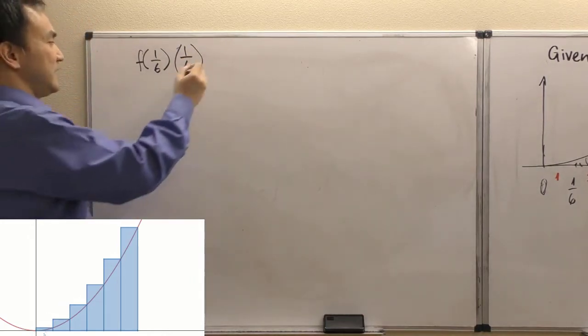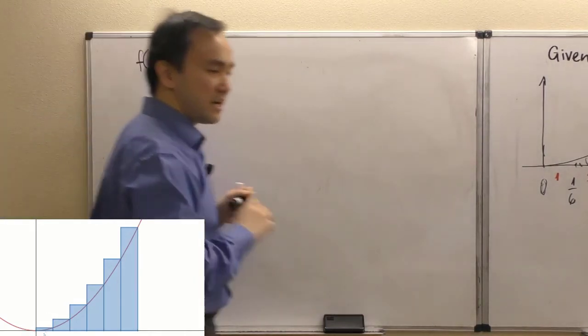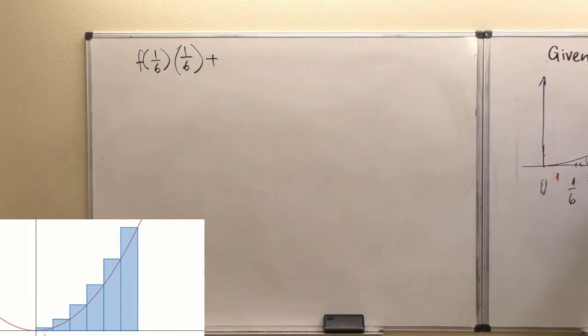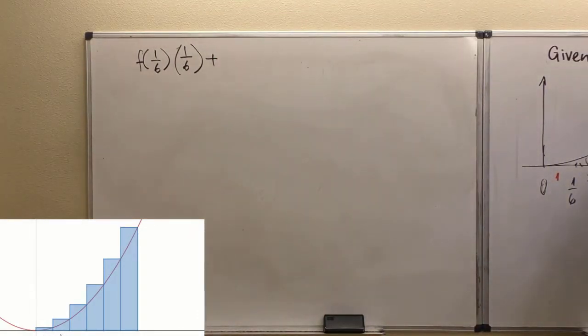Then for the second rectangle, allow me to once again use the mouse to point it out on the computer screen. This is our rectangle number 2, or subinterval number 2, right here. The right endpoint is here, and from there we substitute that value into the function. That value itself is 0.3333, which is a 1/3.